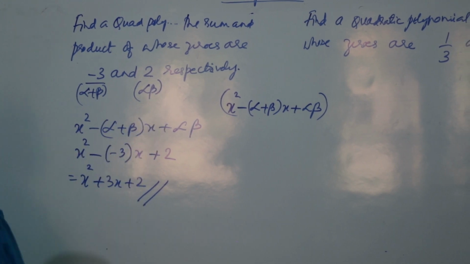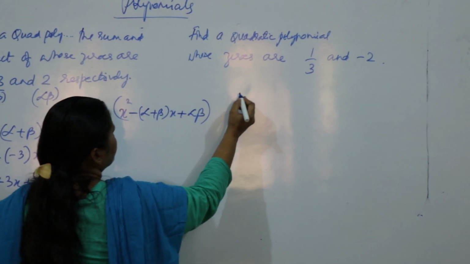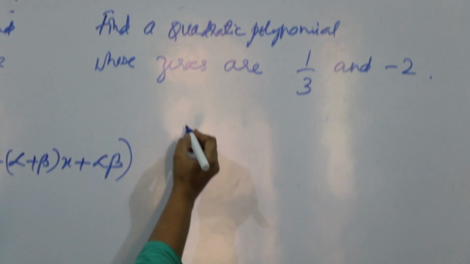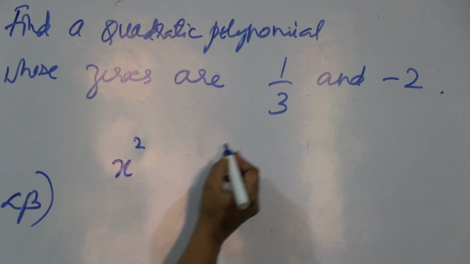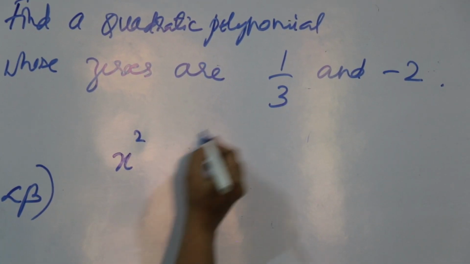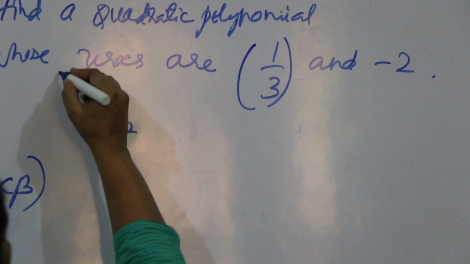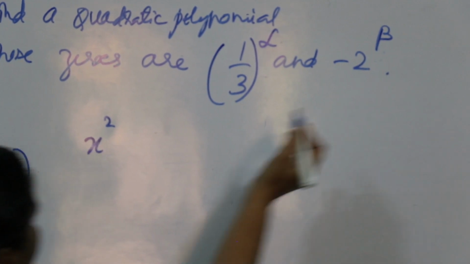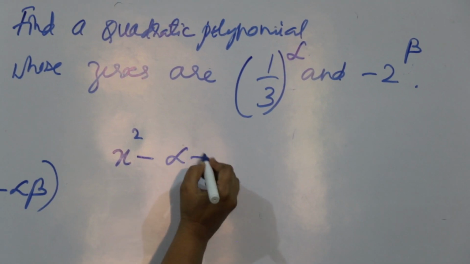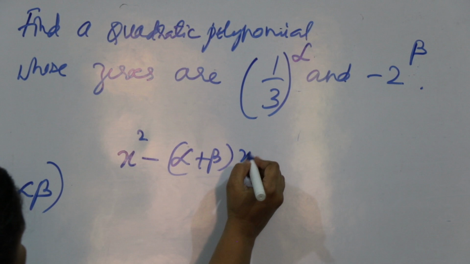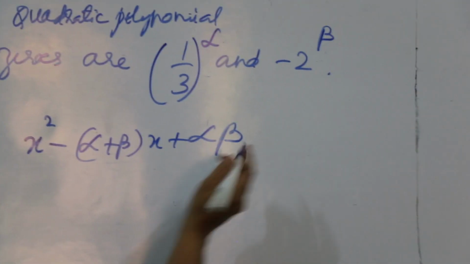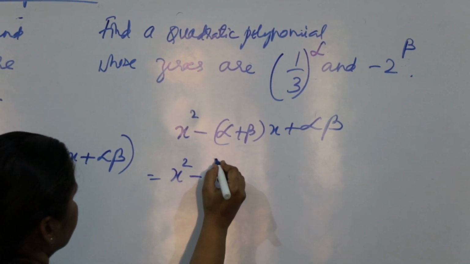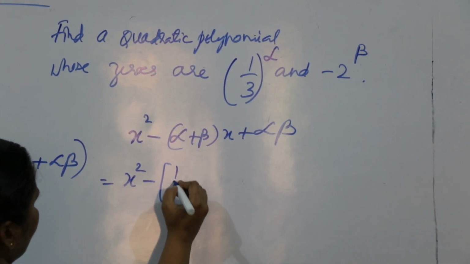Then here we have to substitute the values of 1 by 3 and minus 2. See here, this is alpha, because what they have given is, these are the zeros. This is alpha and this is beta. So x square minus (alpha plus beta) x plus alpha beta. Right? X square minus, what is alpha, children? 1 by 3.